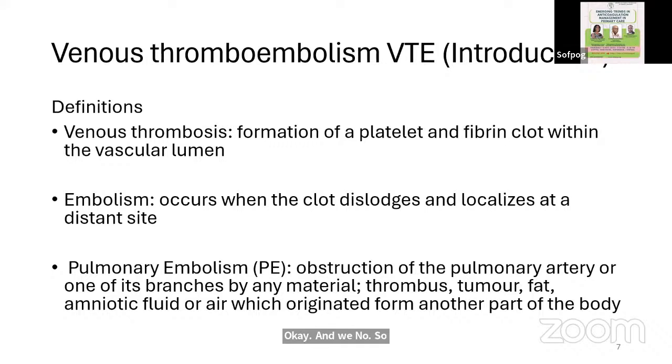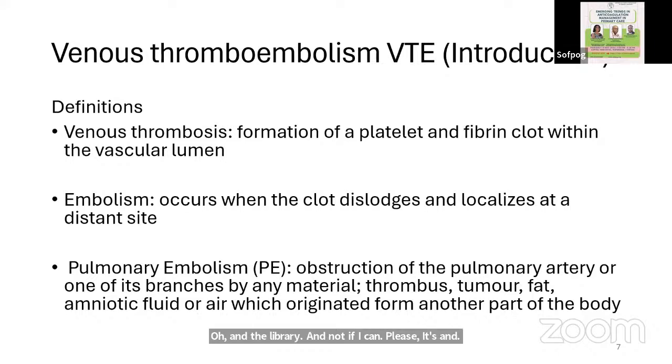So what is venous thromboembolism? A thrombus is a clot, a lump of fibrin and platelets in the vascular lumen. When it moves from one location to another, it's called an embolism.